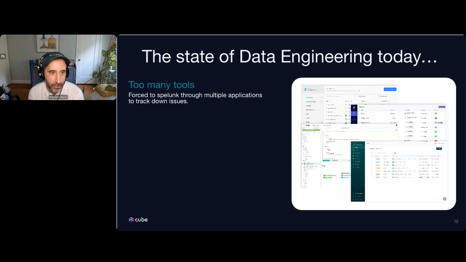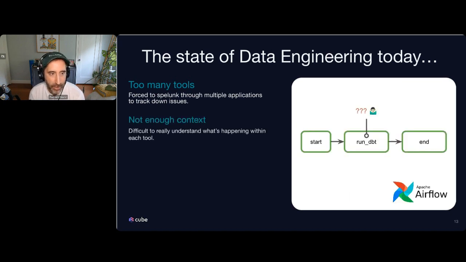There's probably no doubt in your minds that there are just too many tools, and it seems to be getting worse. Even with the proliferation of the modern data stack, things have become so fragmented that now, as a data engineer, you have to look through 5, 6, 7 different apps just to find out where something went wrong, what's going on in your data. And that's just part of the problem, but let's say you do find it. Once you do, you probably don't have the right context to understand what's going on.